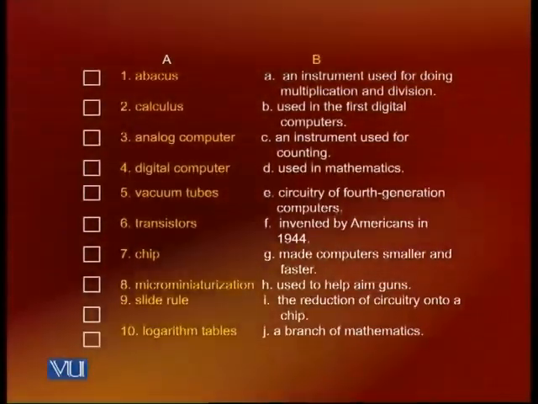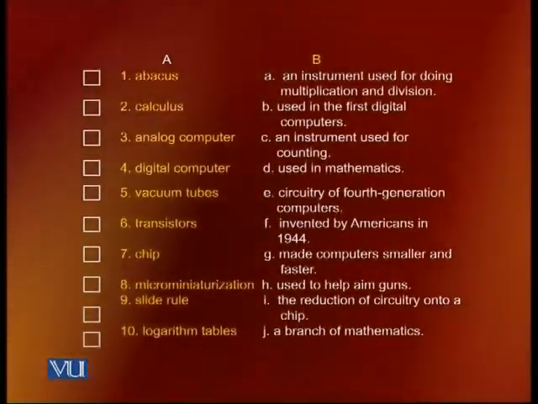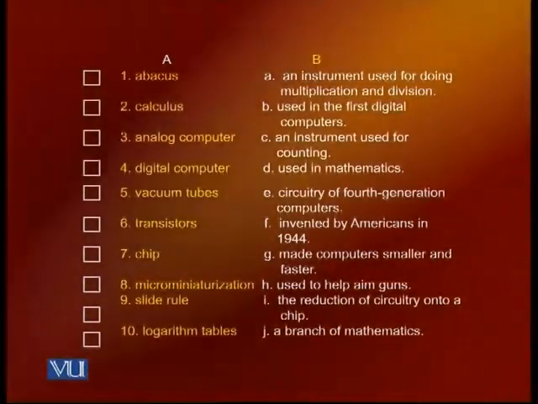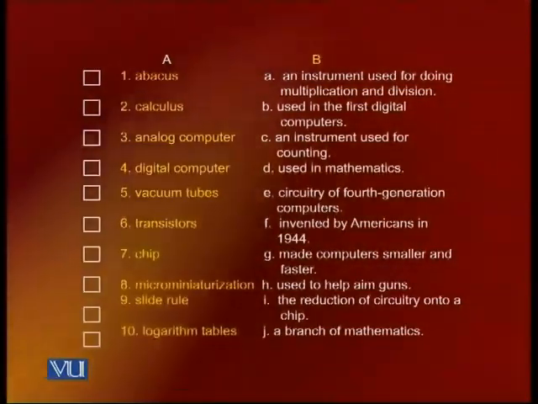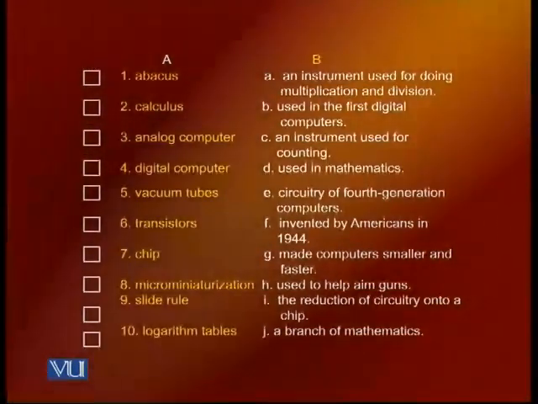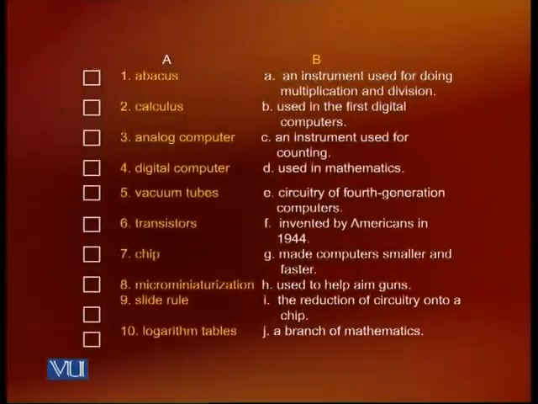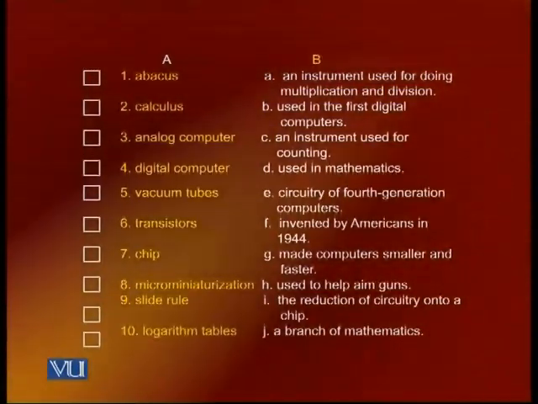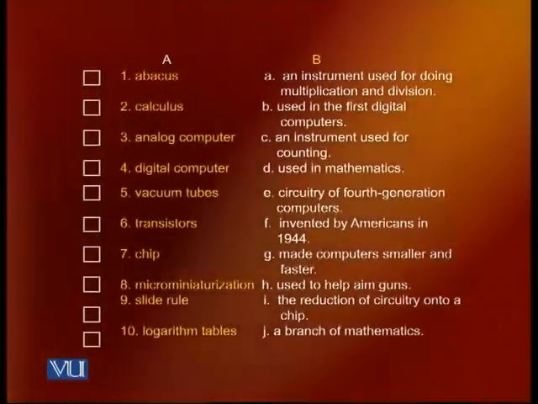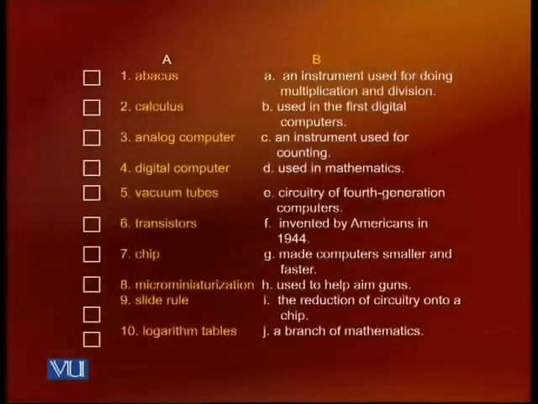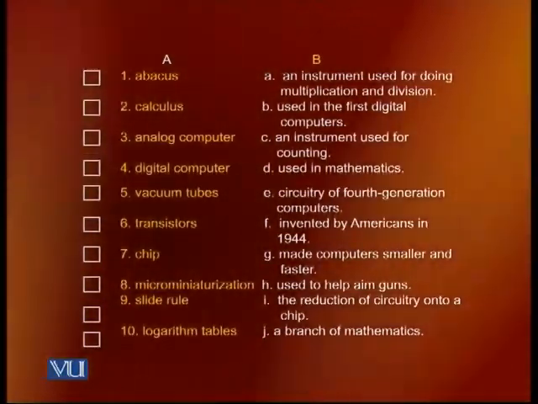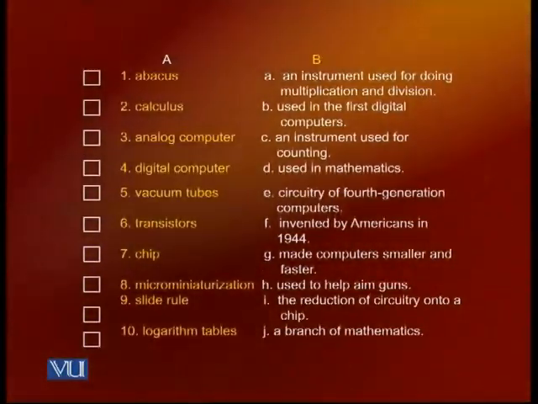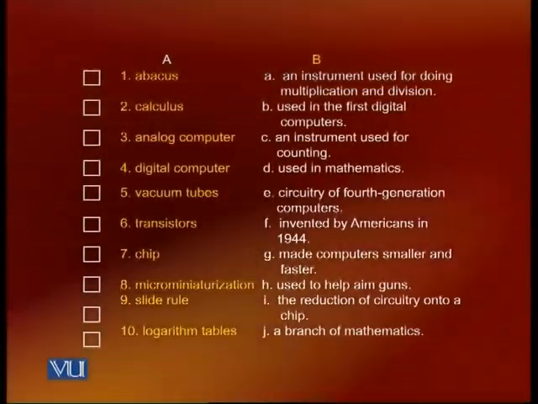Now look at number 2, calculus. Go through the statements in column B. Which one is it? Well, you've done C. Calculus matches with J, statement J. It's a branch of mathematics.